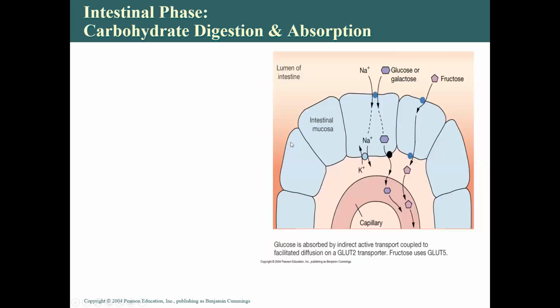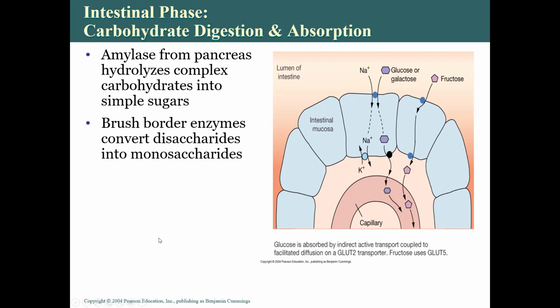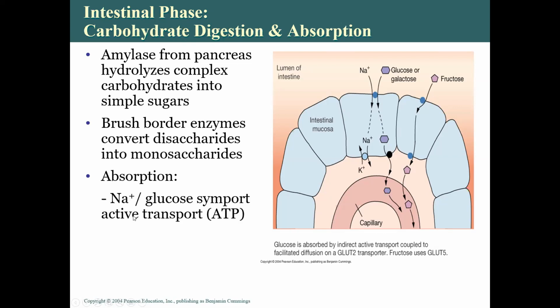Okay, carbohydrate digestion. We see sodium co-transport of glucose or galactose. So we need sodium to move in as glucose or galactose comes in, but fructose comes through due to facilitated diffusion. Amylase from the pancreas hydrolyzes complex carbohydrates into simple sugars. Brush border enzymes, which you find right on the surface of the intestinal mucosa, convert disaccharides into monosaccharides.